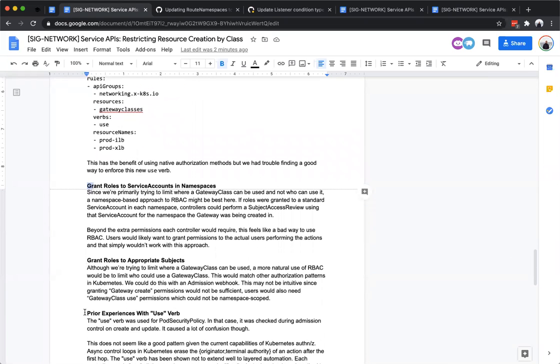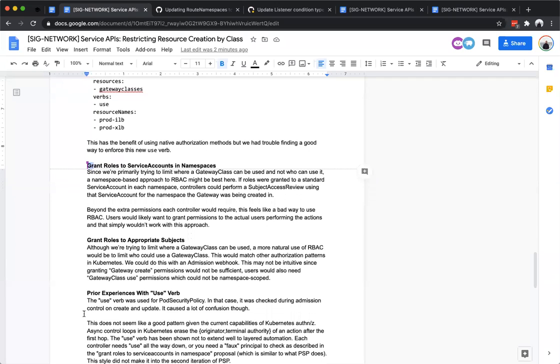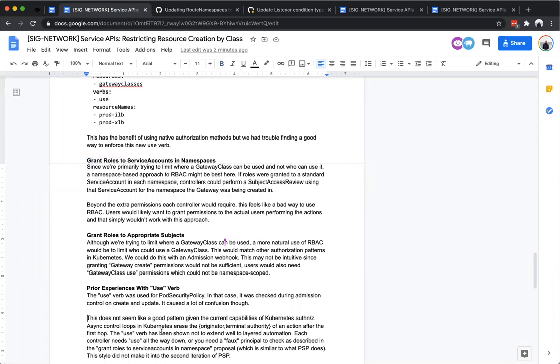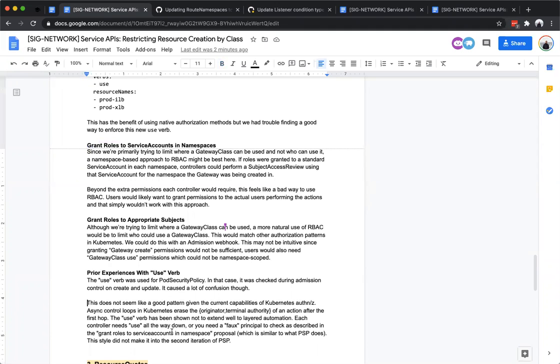And I tried to add some feedback I got from Mike. The idea of using RBAC here did not feel like a good idea. Essentially, this does not work well with the Kubernetes authorization model.